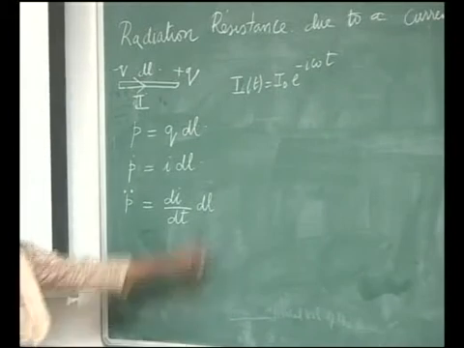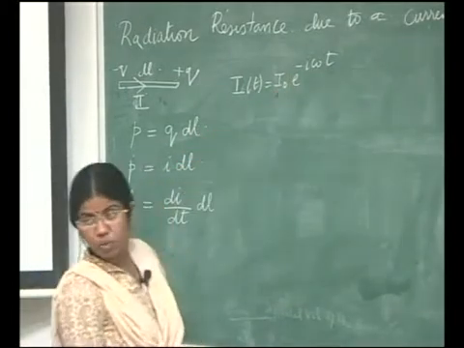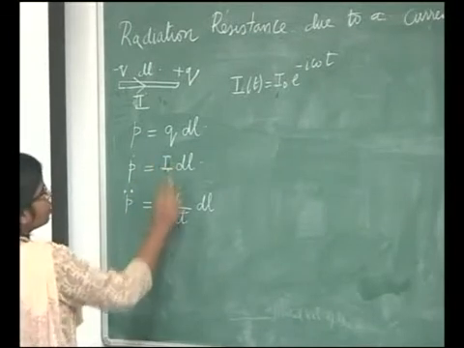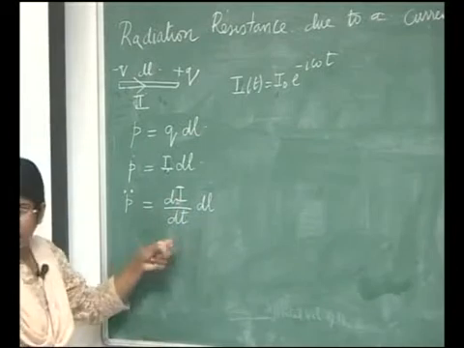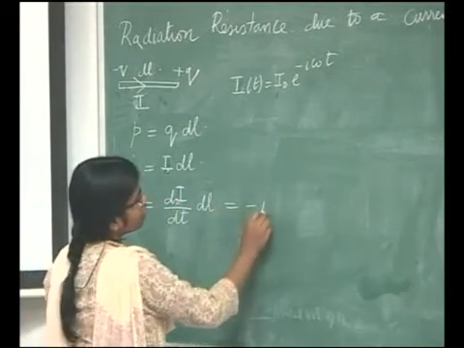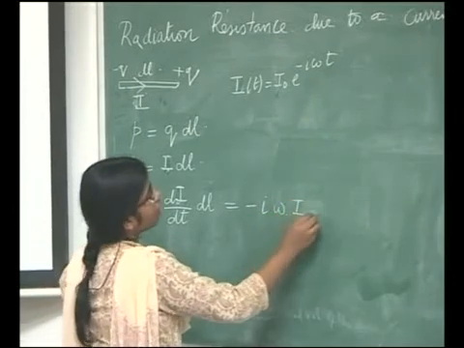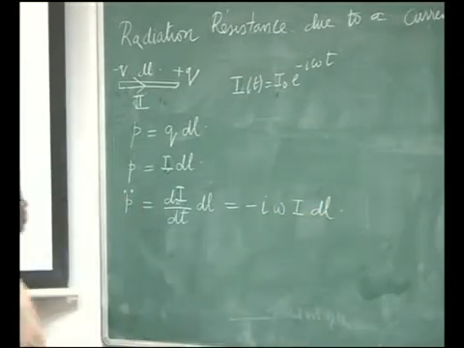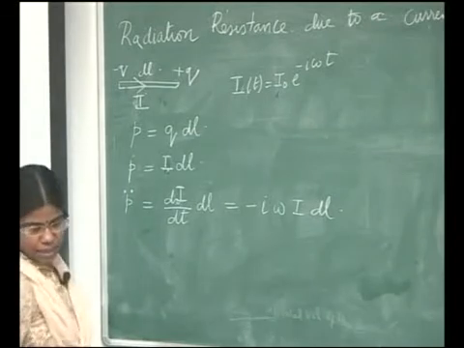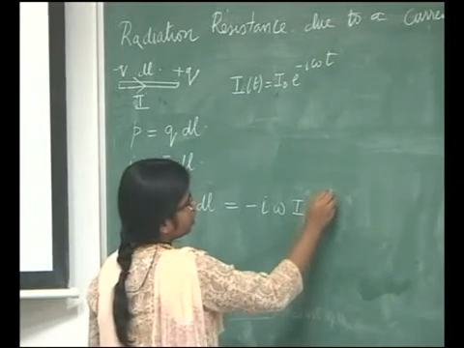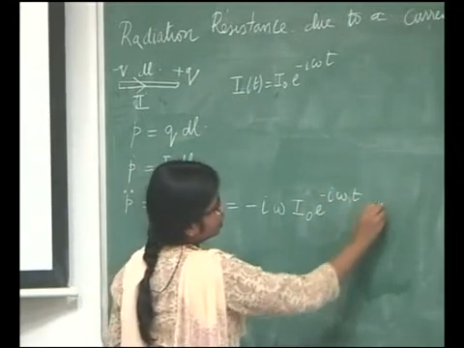So, if I(t) is of the form I naught e to the power minus i omega t, then in that case I can write that dI by dt is equal to minus i omega I dl. Is it okay? Or I can write that this is equal to I0 e to the power minus i omega t dl.